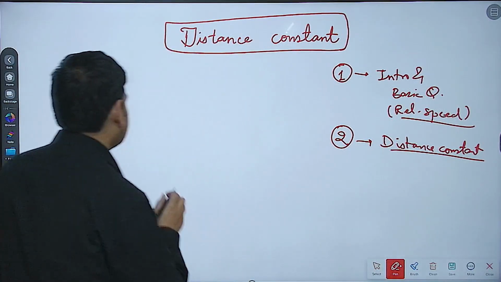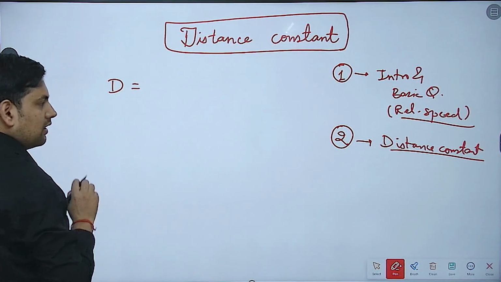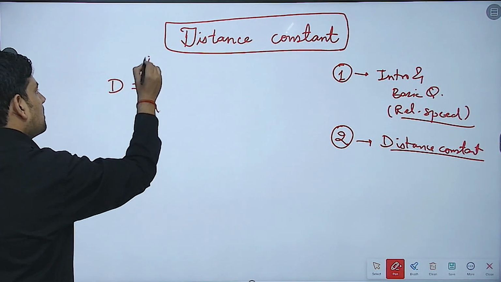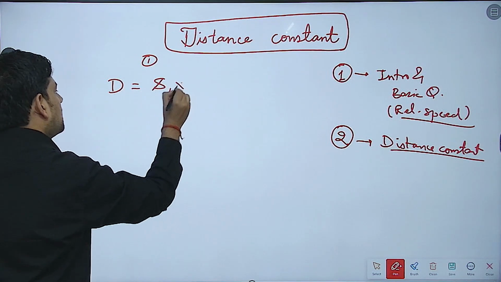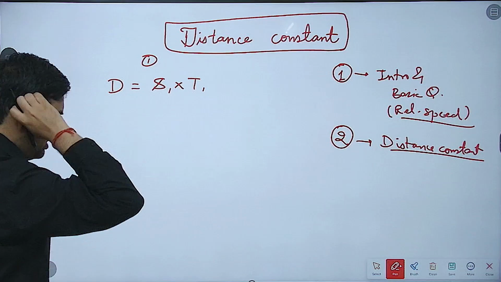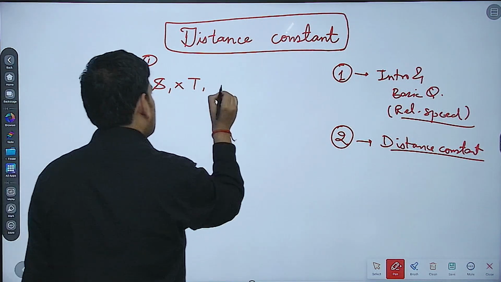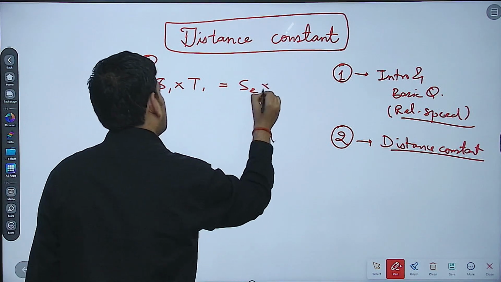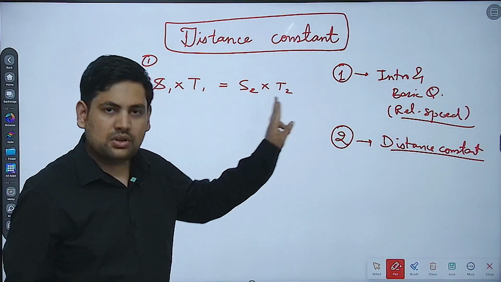So basically in these questions, distance is constant. That means there are two scenarios. In the first scenario, let's say the speed is s1 into time taken t1. You remember, distance is equal to speed into time, correct? This is for the first scenario. This is for the second scenario, that is speed 2 into time 2.